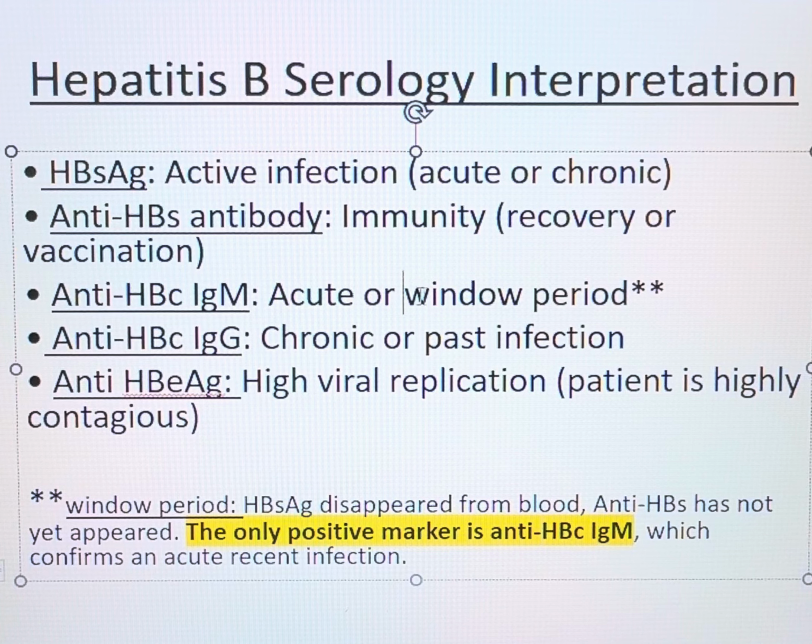The window period basically is when the hepatitis B surface antigen has disappeared from the blood. However, the anti-hepatitis B surface antibody has not appeared yet. So the only marker that indicates this window period will be anti-HBc IgM, which confirms that there is an acute recent infection.